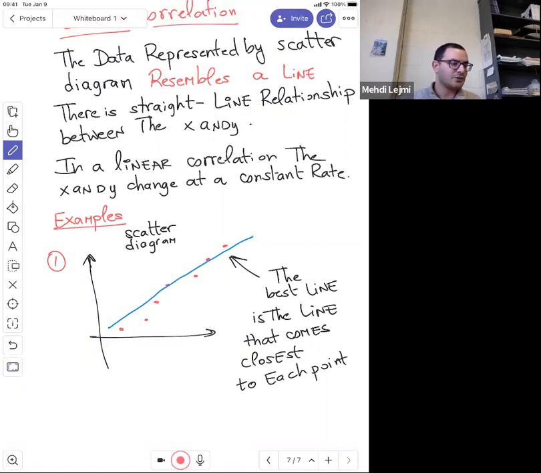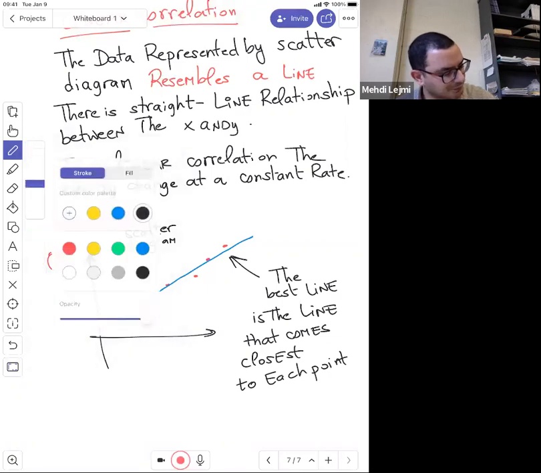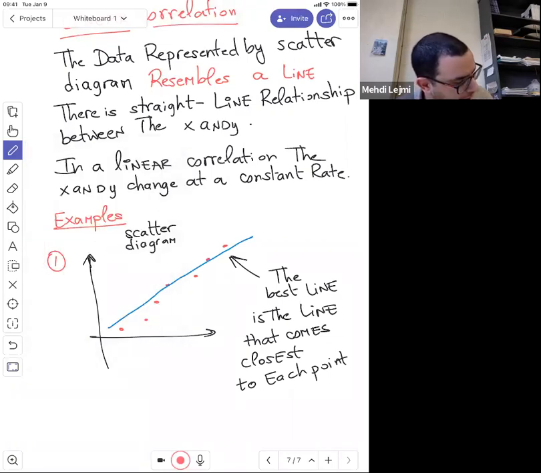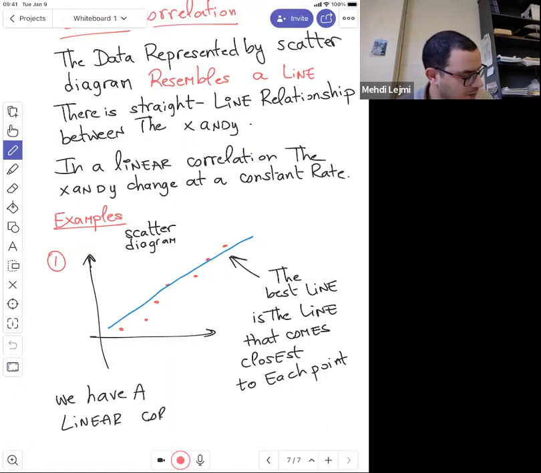So here we do have a linear correlation.